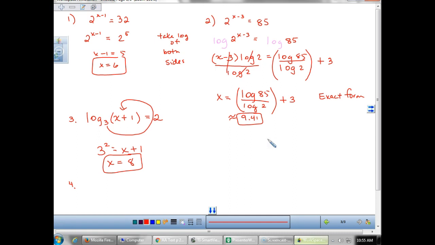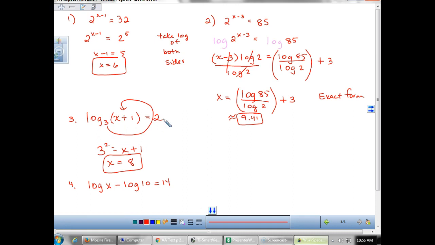So number 4, I have log of x minus log of 10 is equal to 14. I have a different situation. I have logs on the left and just a number on the right.